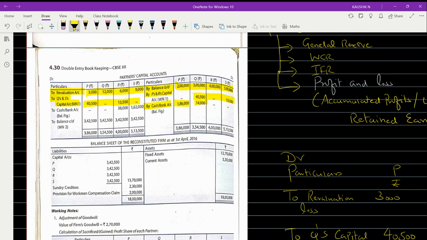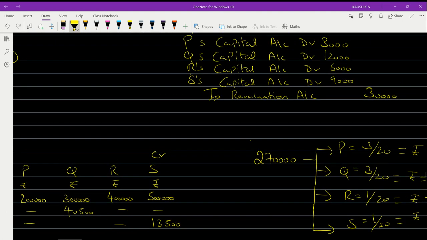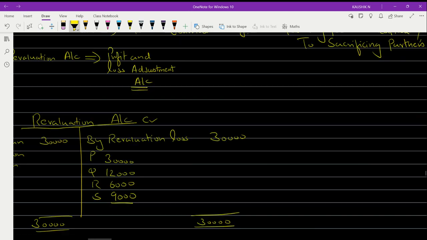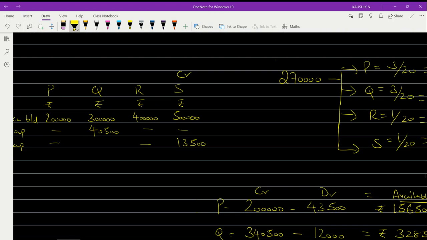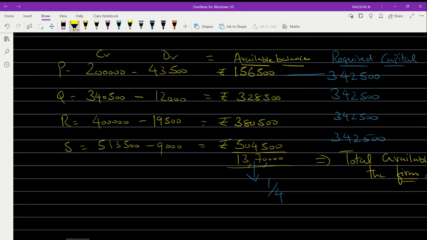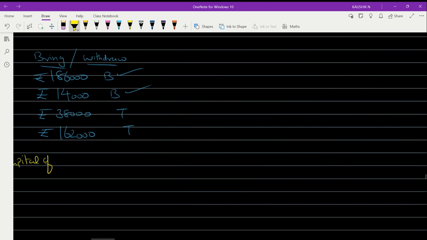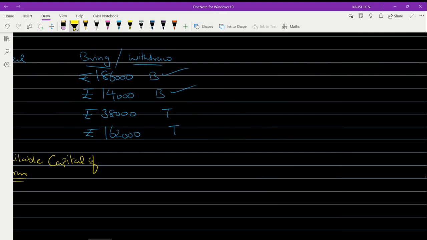And then the other two partners who are withdrawing the capital, their value we have to take to the debit side. How much is the value? If you see, their value comes to 38,000 and 1,62,000.